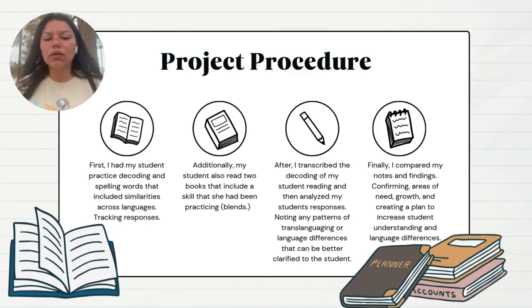So I compared all of these notes and findings, and I was able to confirm her areas of need, areas of growth, and create a better plan to increase her understanding in both English and in Spanish, as well as find where she's at in order to improve upon her English learning.